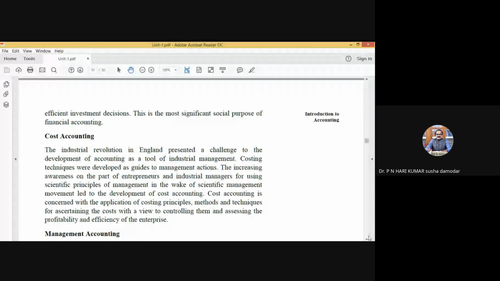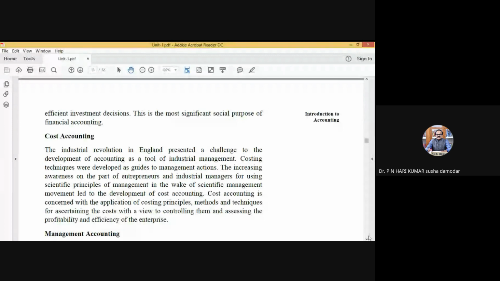But in cost accounting, we can identify the cost of the product, that means the cost of the manufacturing of a product. Whenever a product is manufactured and distributed in the market, what is the cost of that product? When we add a certain amount as profit to cost, we will get the selling price. So selling price is equal to cost plus profit. And what is cost?